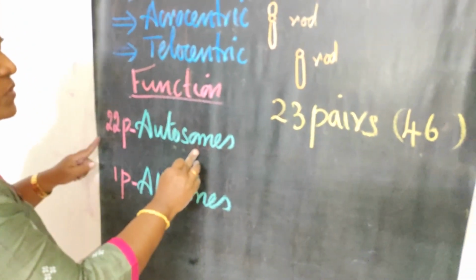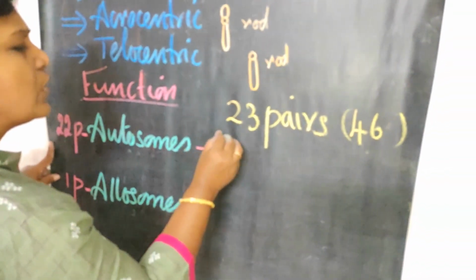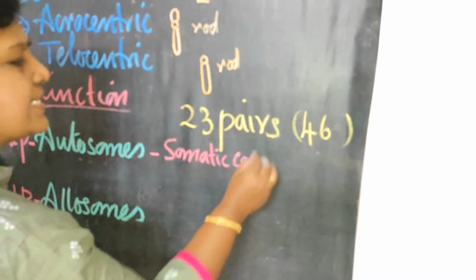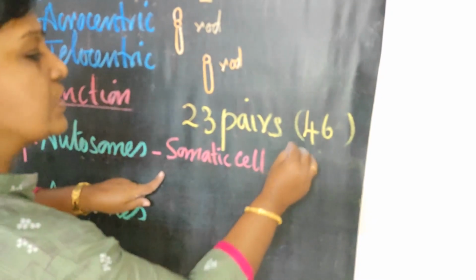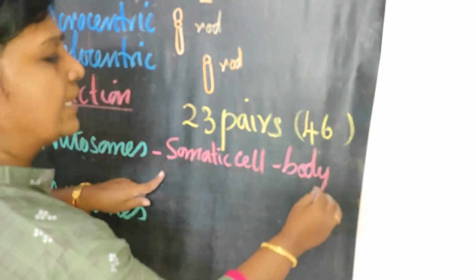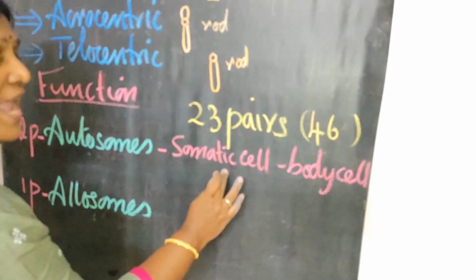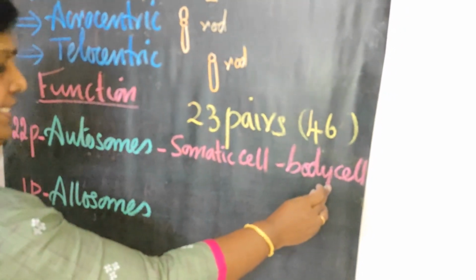Now these autosomes are also said to be somatic cells or body cells.